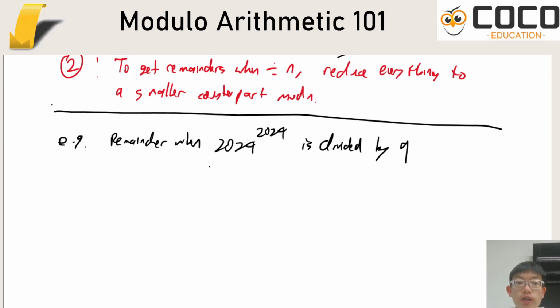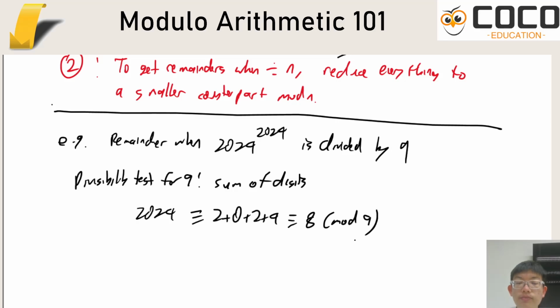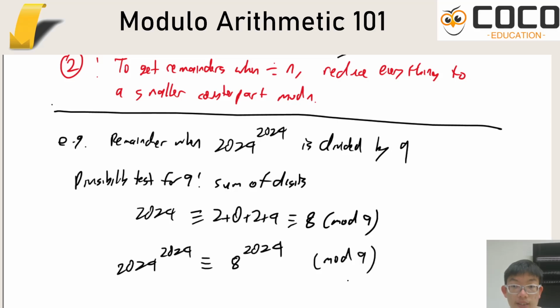Now, 2024, as many of you know, the divisibility test for 9 is the sum of digits. And so 2024, if you just use the divisibility test, is 8 mod 9. So at first glance, this means that I can make a small improvement and say that 2024 is now congruent to 8 mod 9. So I can replace 2024 by 8, which is indeed correct.